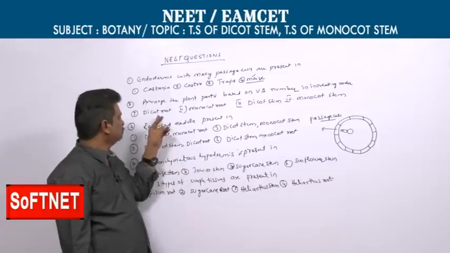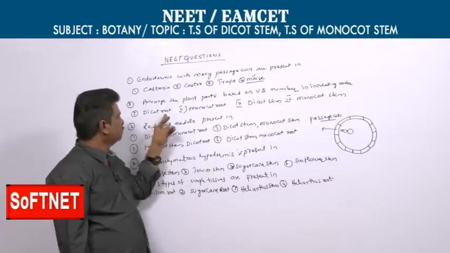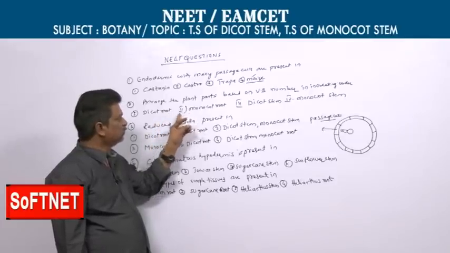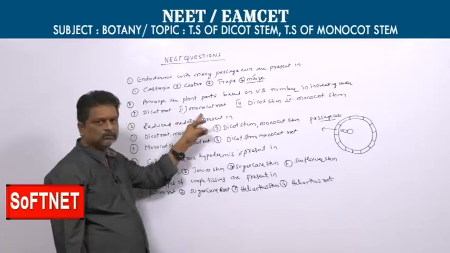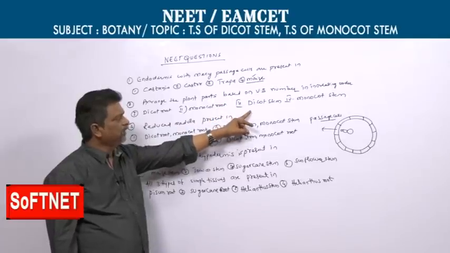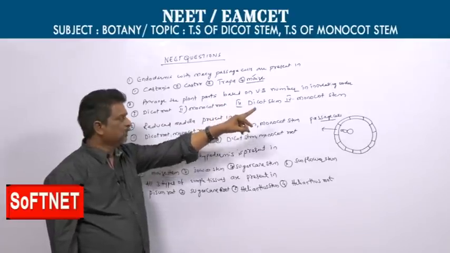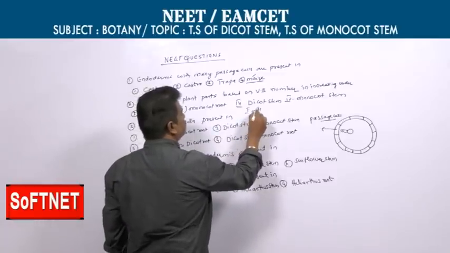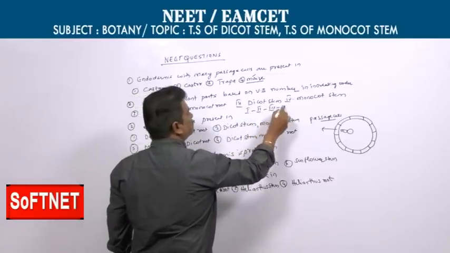So, first this dicot root because it is tetrarch. Afterwards, monocot root, more than 6. Then dicot stem and monocot stem. So, ascending order 1, 2, 3 and 4.